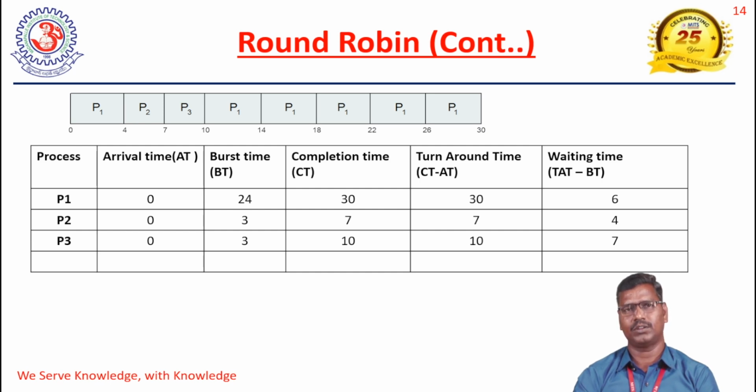And turnaround time for P3 is 10 and burst time for P3 is 3. So 10 minus 3, 7 only. Based on that we calculate the average turnaround time as well as the average waiting time, using the formula.